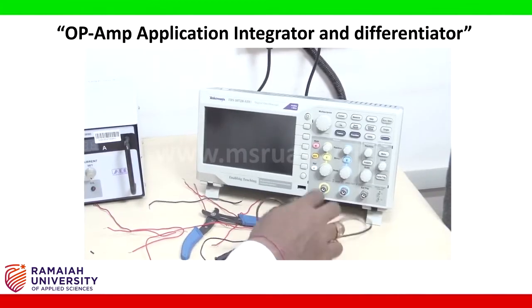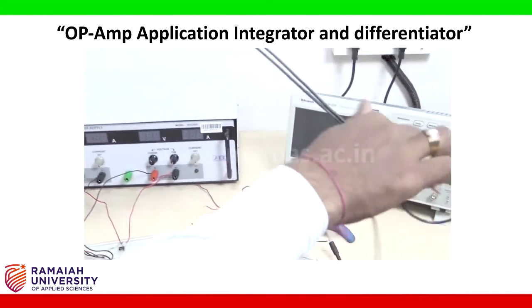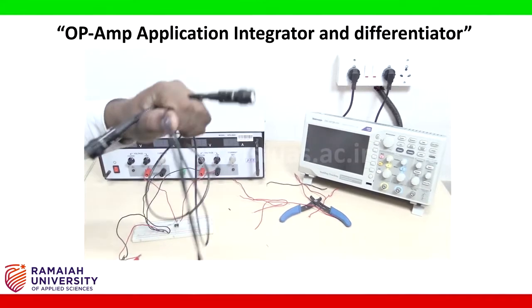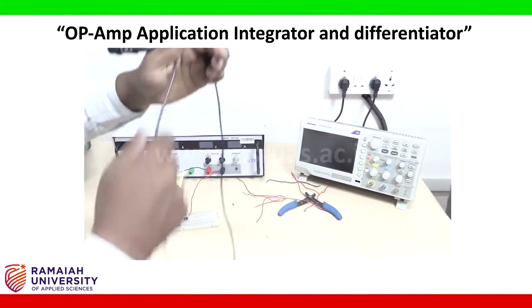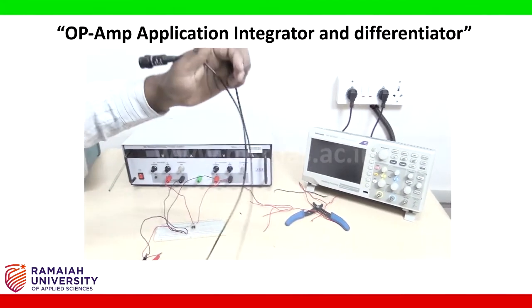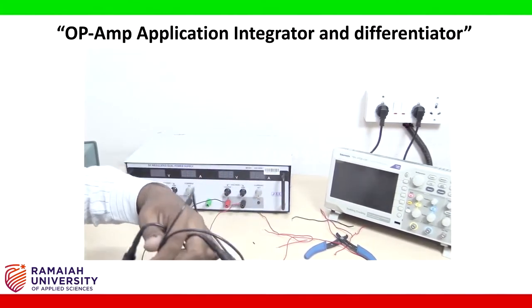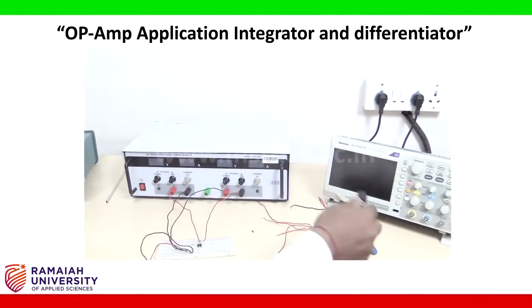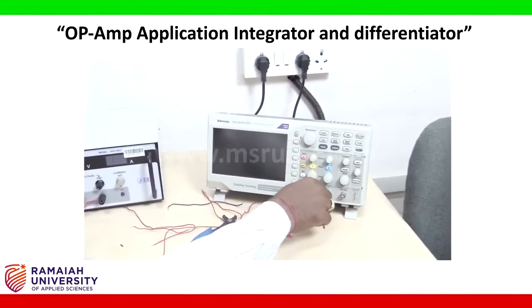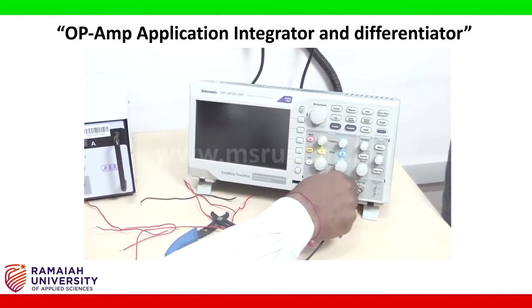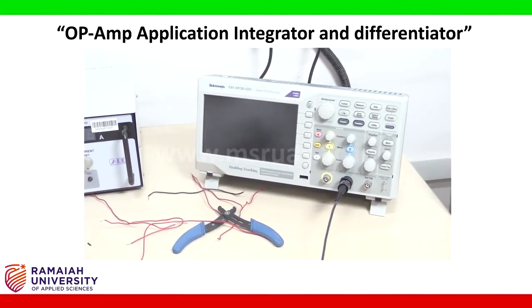Next I am taking the two probes to connect the input and output. This probe I connected to port number 1 or port number 2, any port you can connect. That is port number 2 I connected.